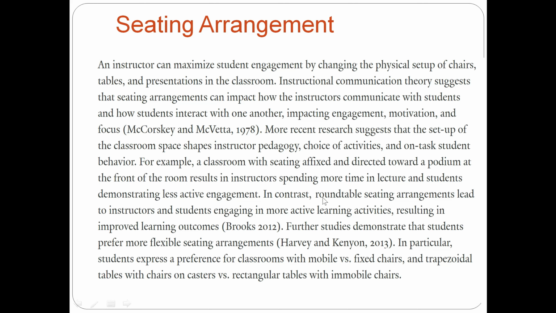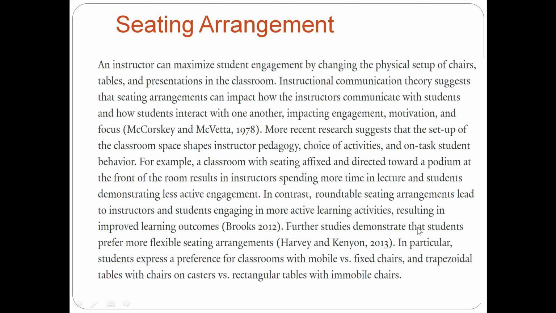In contrast, round table seating arrangements lead to instructors and students engaging in more active learning activities, resulting in improved learning outcomes. So basically, the first is seating fixed and directed toward a podium, and the second is round table seating arrangement. These are a few types of seating arrangement, which I am discussing in the next slide.